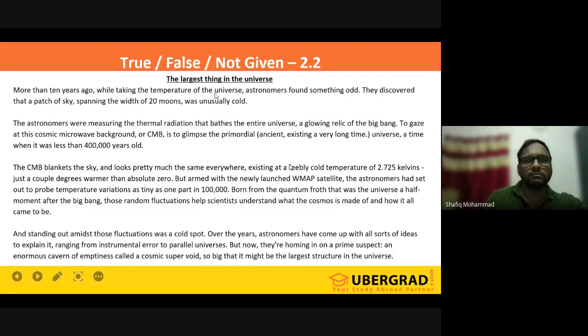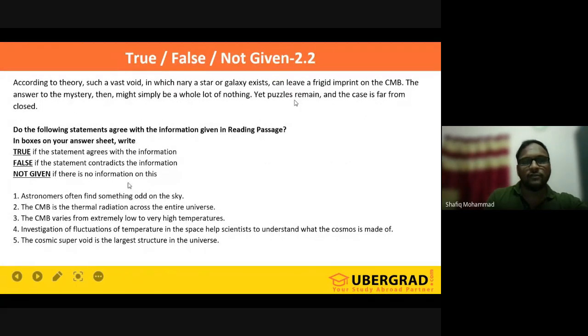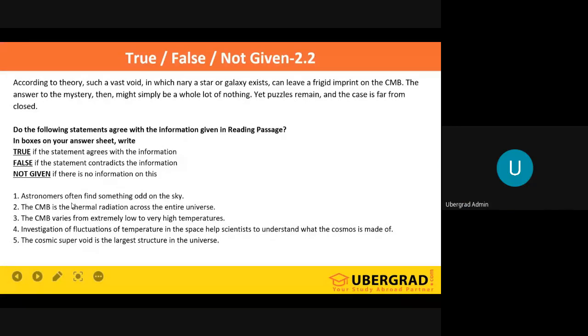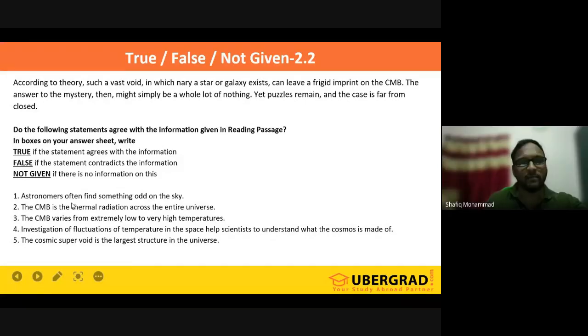They were just randomly taking it, not often. Whether they take it often or not, that has not been given. More than 10 years ago, they just took some temperatures and found something odd. But often means they do it regularly and regularly find something odd, right?